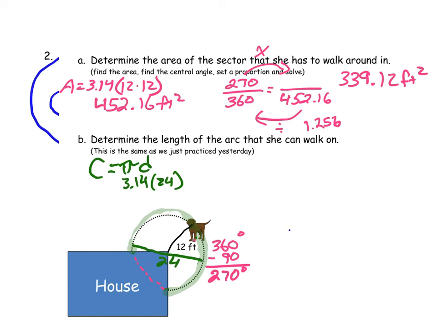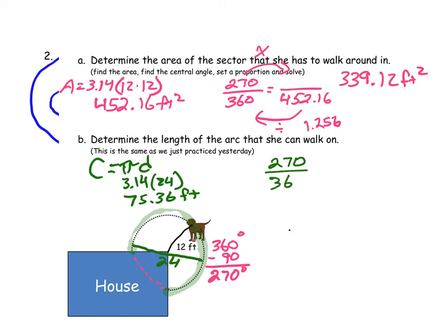So the circumference of the whole circle, if I went all the way around, is 75.36 feet. And that's just the distance, so it's just in feet, not feet squared.